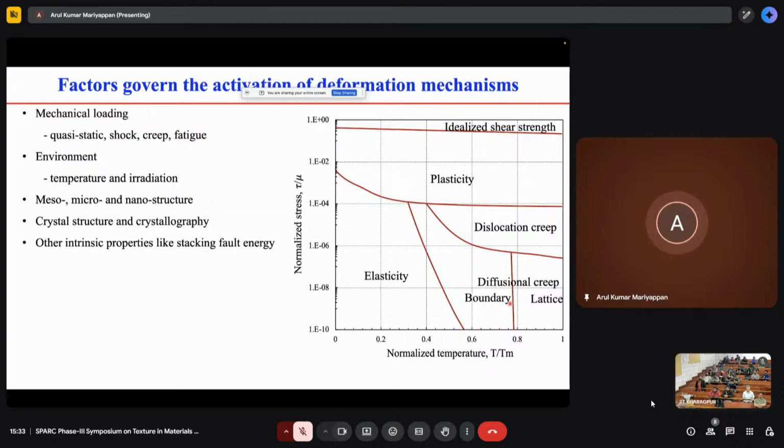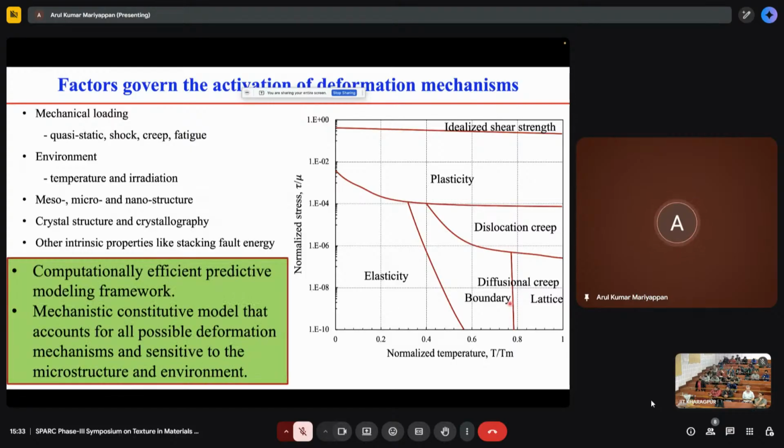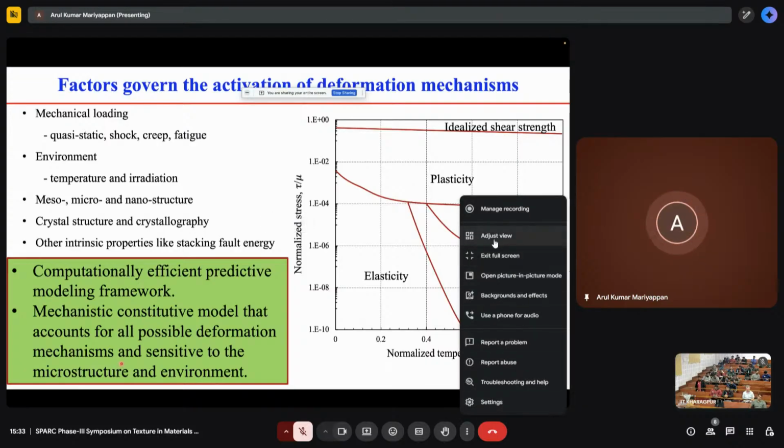Now we need a robust, predictive model that accounts for both. In order to do that, we need two things. One, a computationally efficient predictive modeling framework. Second, that framework must have a mechanistic constitutive model that accounts for all possible deformation mechanisms and, very importantly, is sensitive to the microstructure and the environment. So these two are the requirements for today.